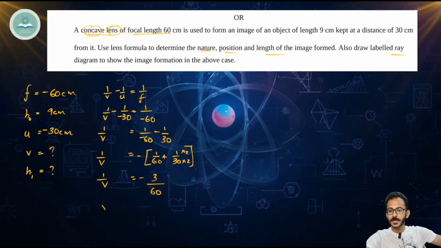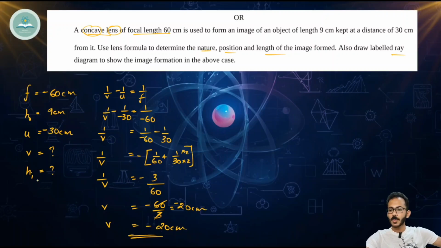If I take the reciprocal, v is equal to minus of 60 by 3. 3 goes 20 times in 60. So it becomes minus 20 centimeter. So our v is equal to minus 20 centimeter.